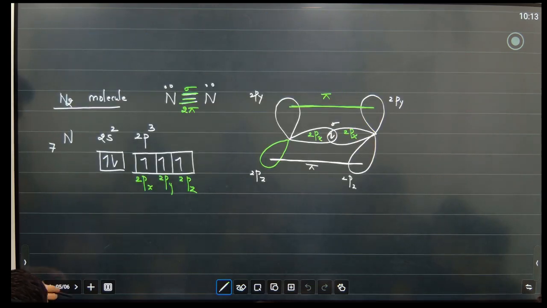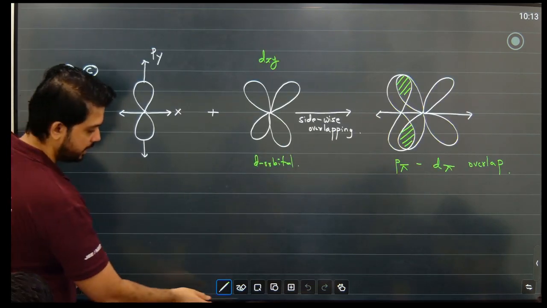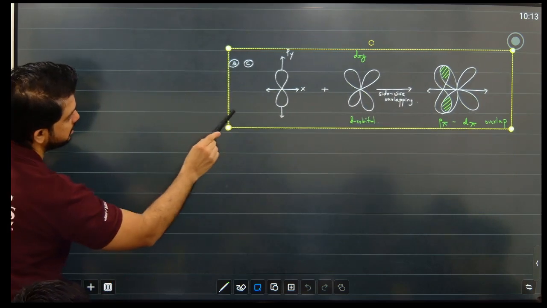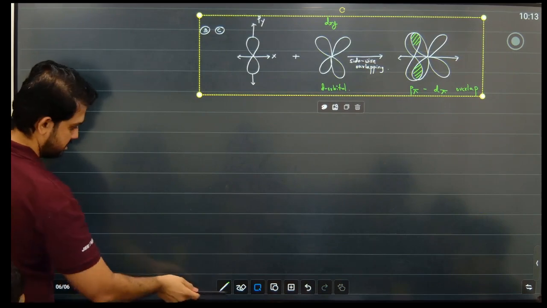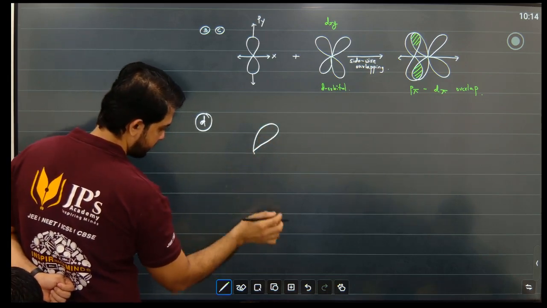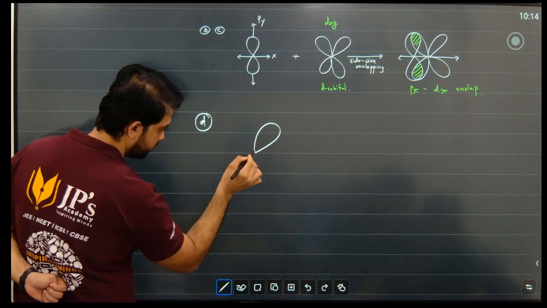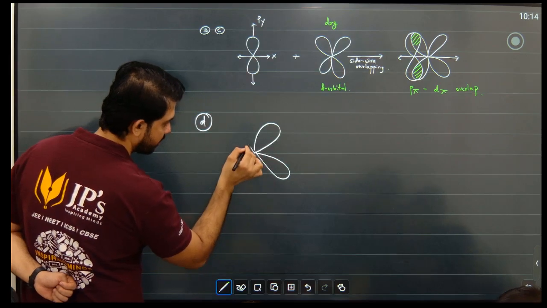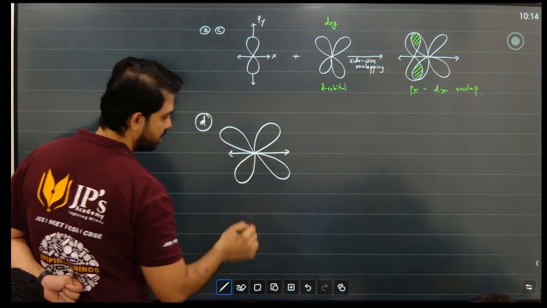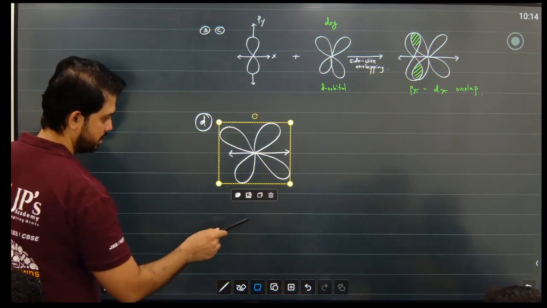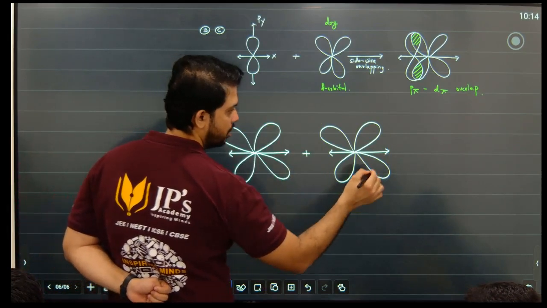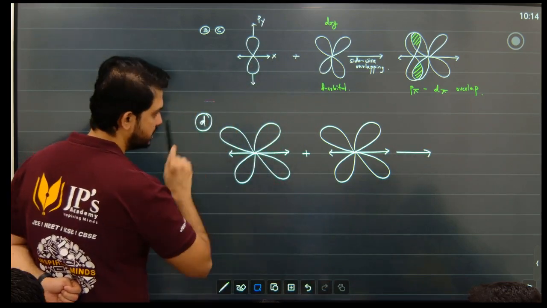This is called P pi D pi overlap, and the last pi bond formation is this: this is a d orbital, one more d orbital, overlapping sidewise.